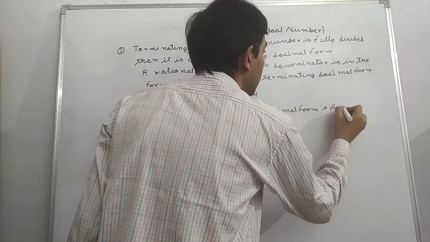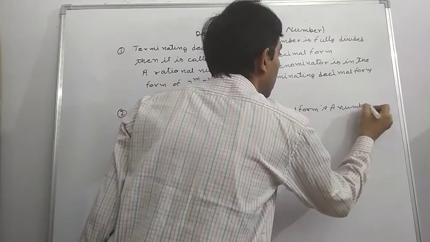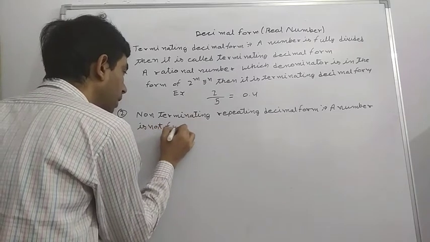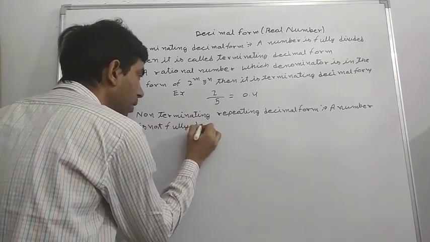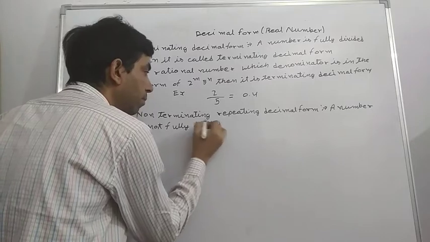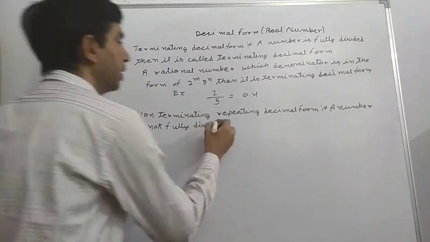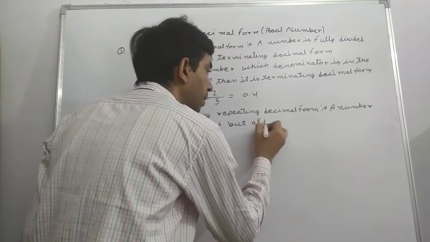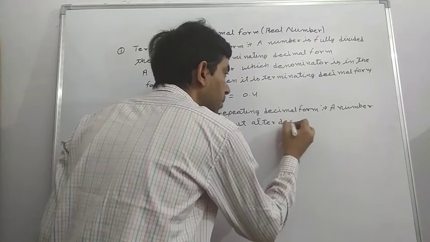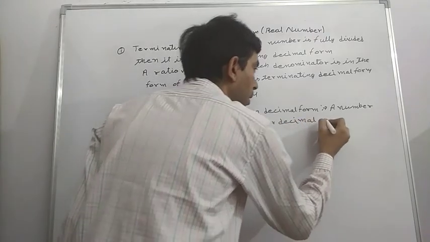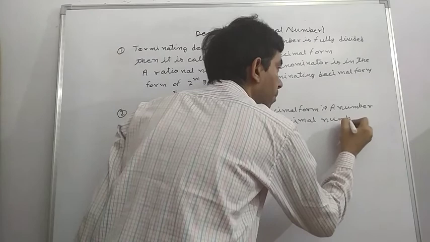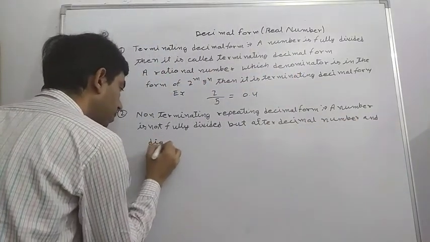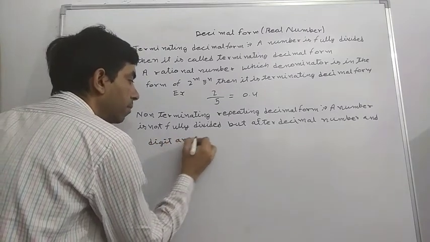A number is not fully divided, but after the decimal, the digits or numbers are repeating.